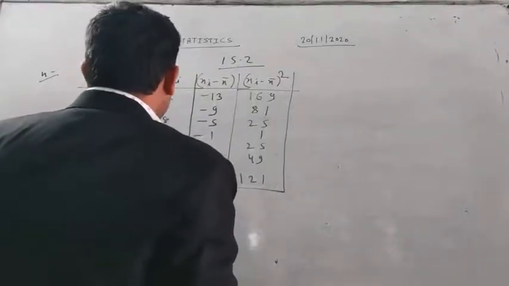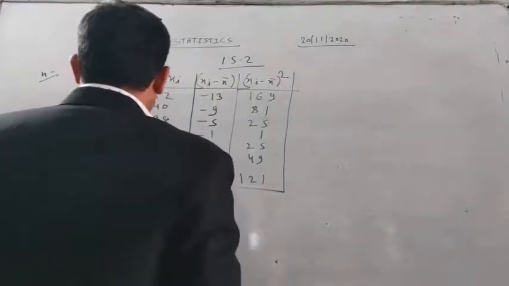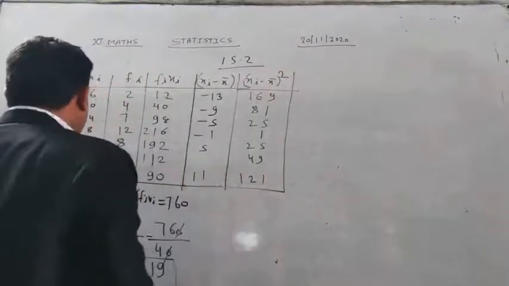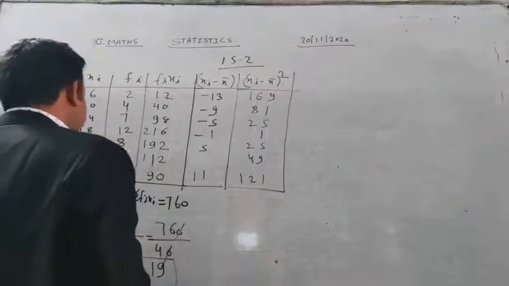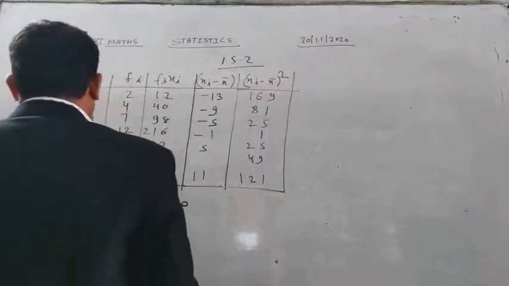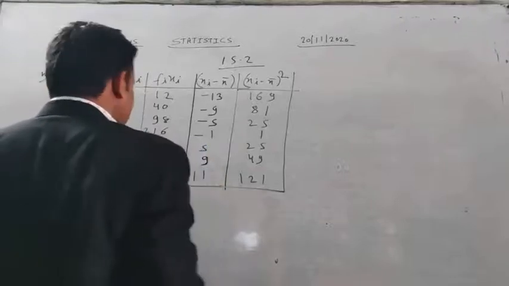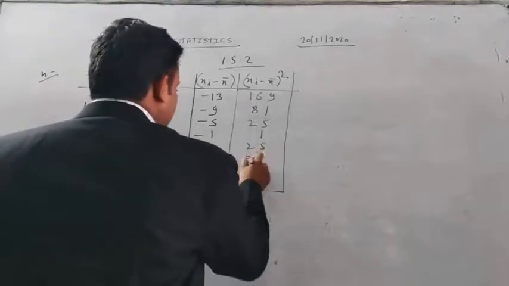28 minus 19, so it will be 9, so 9 square is 81.